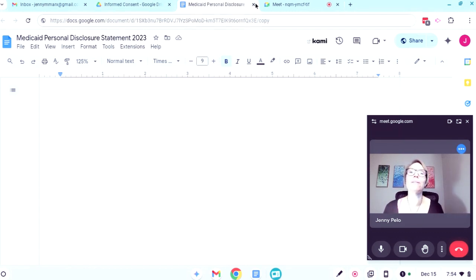I do send this ahead of time for clients to look at, but then I also will have them take a little time where we highlight certain things, and it gives them a chance to ask questions when we're meeting. So I do both, and I recommend that others do that as well, just to make sure that you're really giving time and space for the informed consent process to take place.